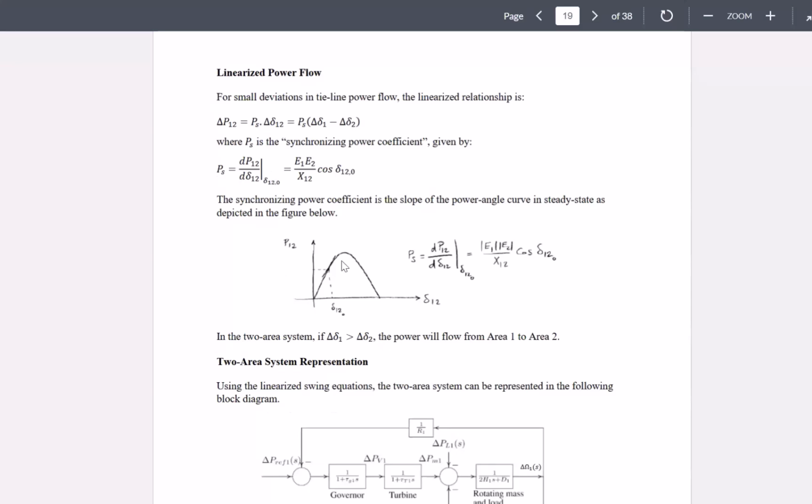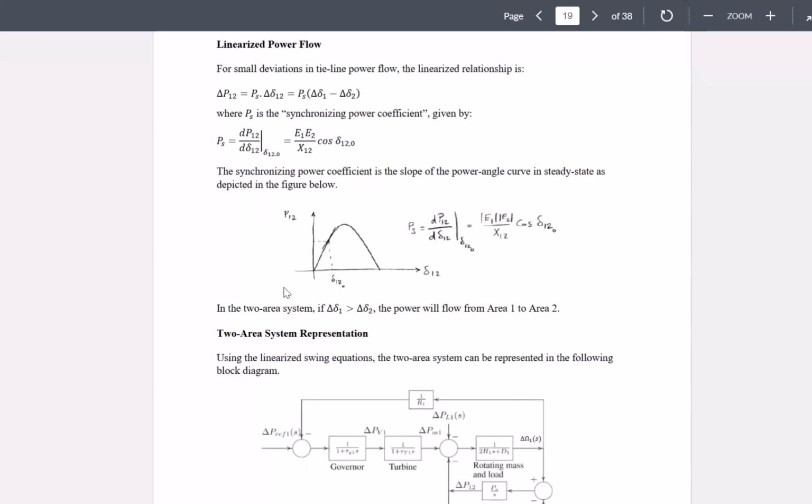And that would be the slope of the power angle curve between the two areas. So if you plot P1,2 versus delta 1,2, at steady state conditions, you would be working at this point, which you can note as delta 1,2,0, and the slope of that would be the PS, the slope of that curve.